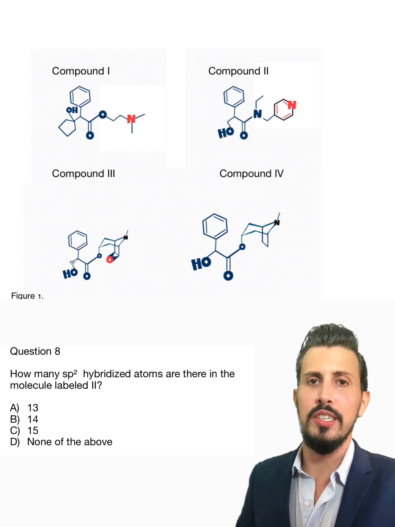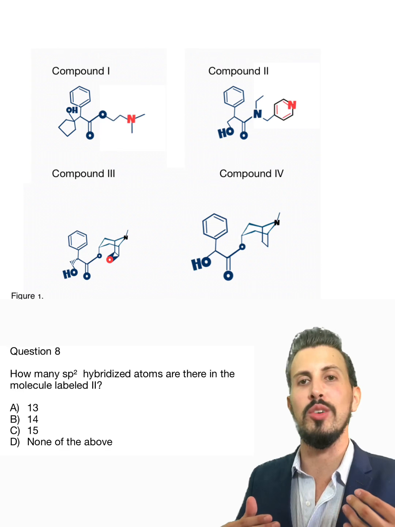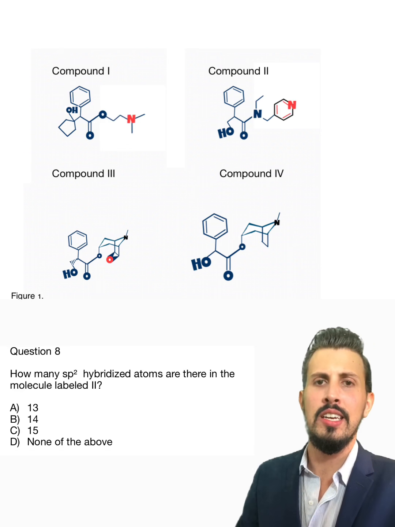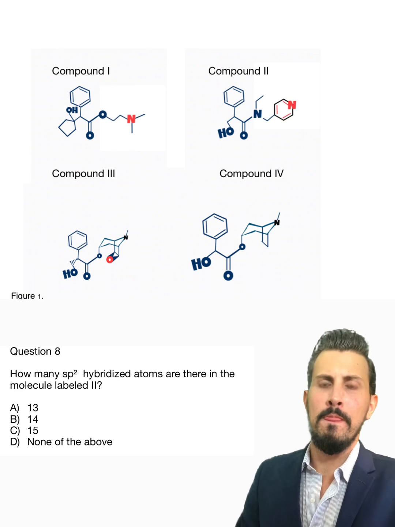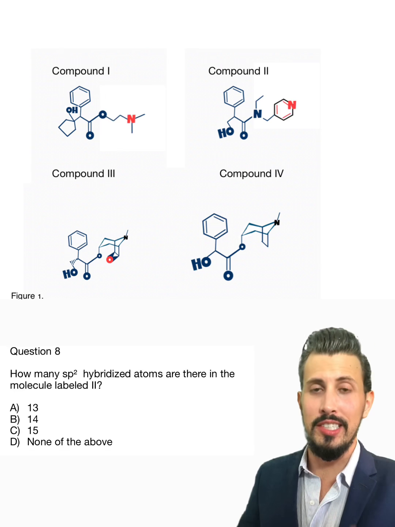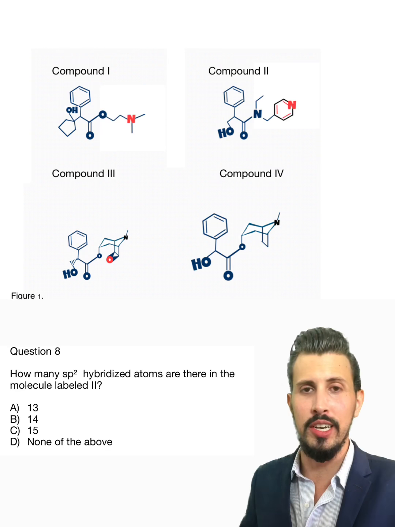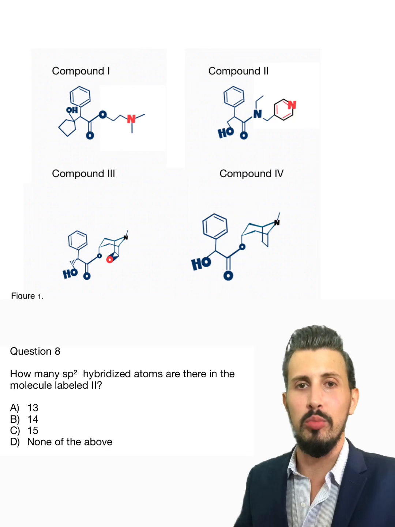The next question is asking very simply what is going to be the number of sp2 hybridized atoms in the molecule. And the key thing to remember here is to, yes, see the invisible, draw the invisible in reference to the lone pair on the nitrogen for the amide group.